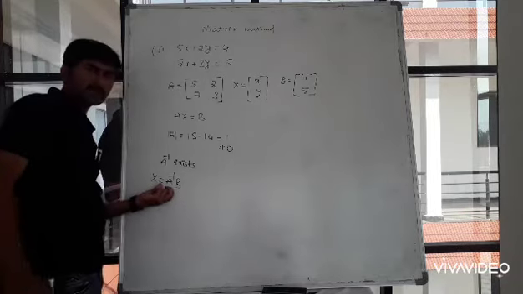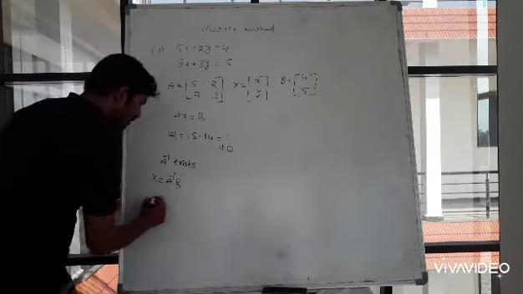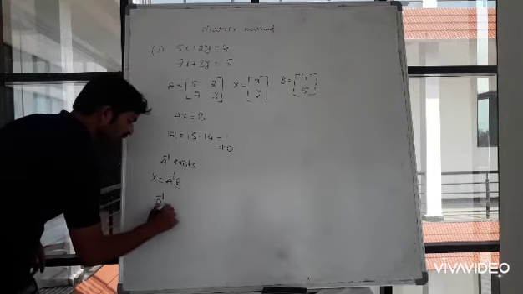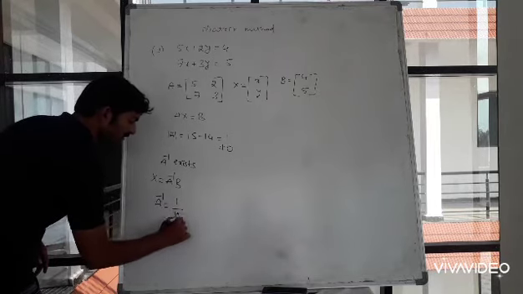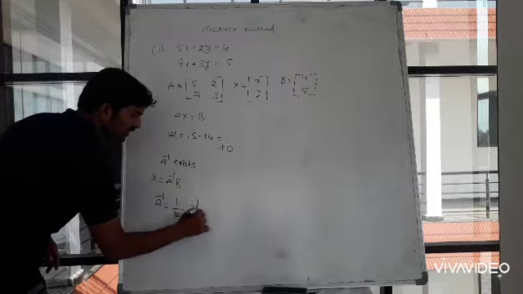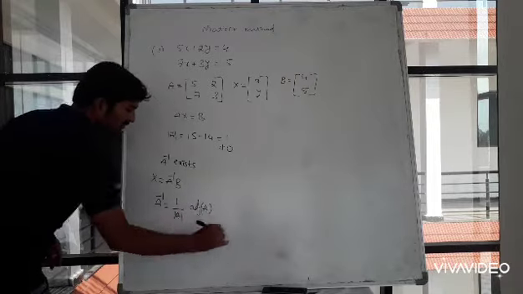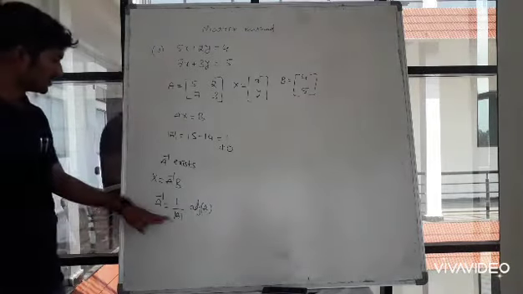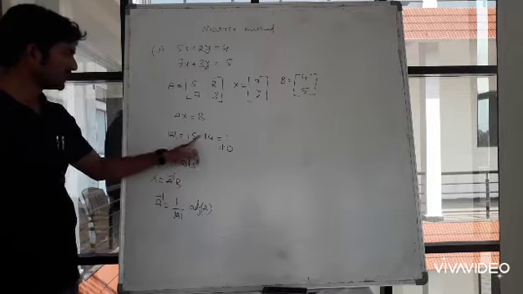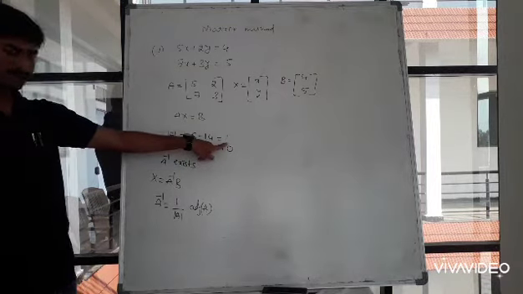So we require A inverse. To calculate A inverse, one more formula: 1 by determinant of A into adjoint of A. We already calculated the determinant of A, which is equal to 1.